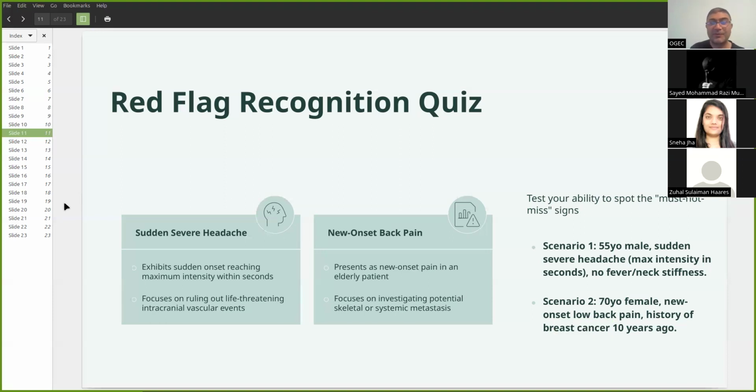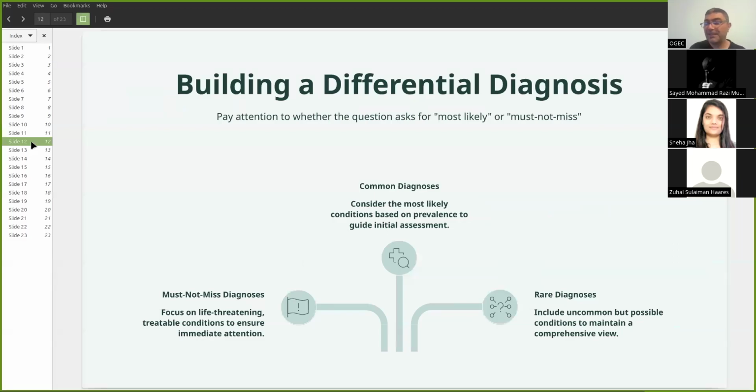So this is how we identify the red flags, which are the most important parts of a question stem. Then based on those, the information given to us through the history and the investigations, we should build our differential diagnosis.